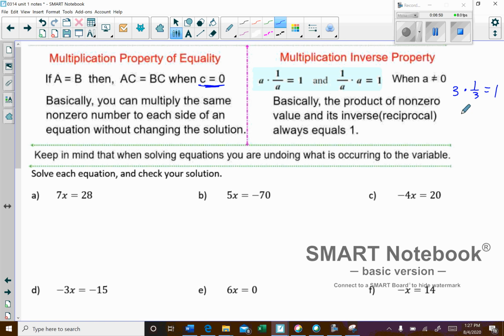Even if you had -2/5, the reciprocal of that would be -5/2, and that still would result in a 1. So whatever you have here, you just flip it, and that's the reciprocal, and the product is always going to equal 1. So once again, just keep in mind that when you're solving this, you're undoing what's occurring to the variable.